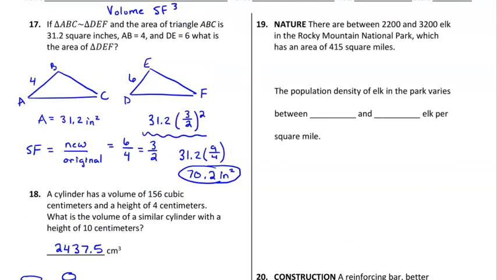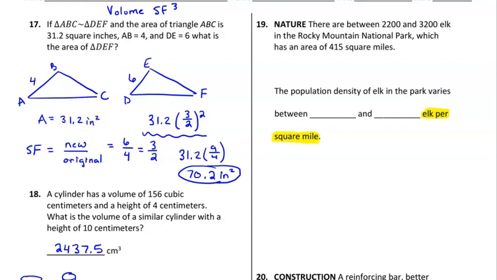For number 19, these are density problems. I do not want you to overthink these. For this, notice that the question is saying how many elk per square mile.